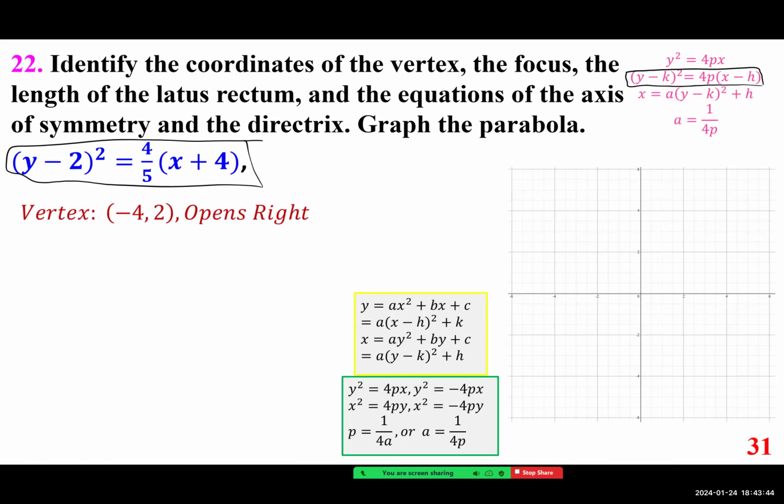And because it opens sideways, remember when it opens up and down, the axis of symmetry is x equals the x coordinate of the vertex. When it opens sideways, it's a horizontal line, y equals the location of the vertex, and for the y, in this case, y equals 2.